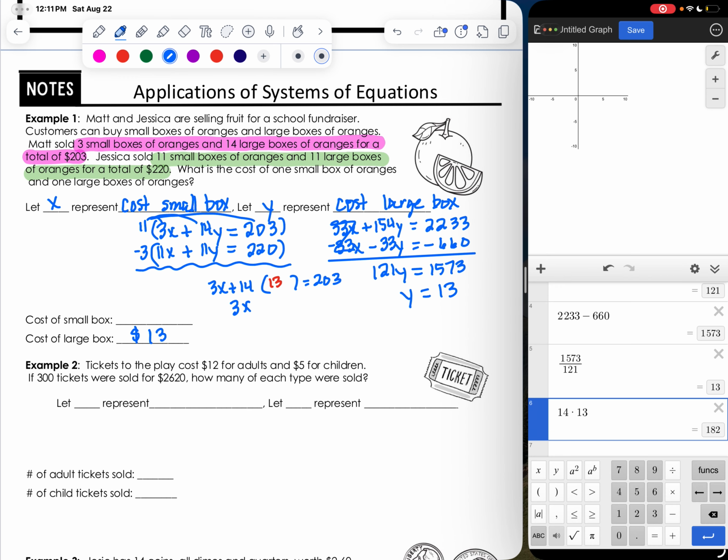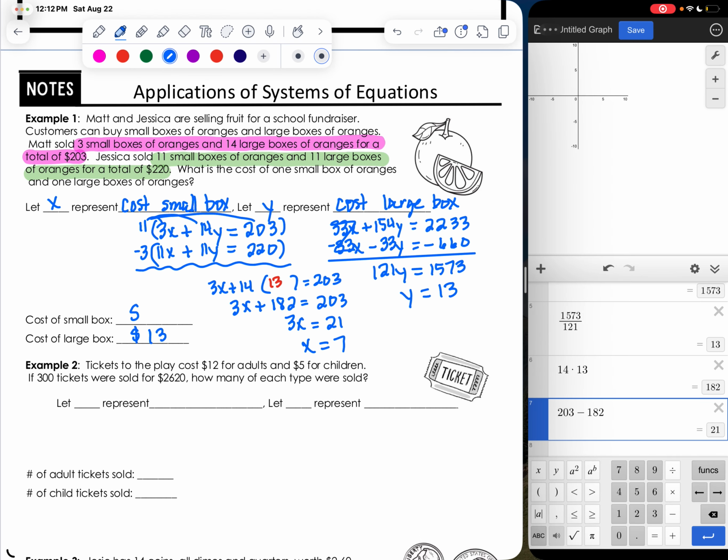Would give me 182, and that's equal to 203. So 203 minus 182 would give me 21. So 3x is equal to 21. Therefore, x is 21 divided by 3, or 7. So the cost of the small box is $7.